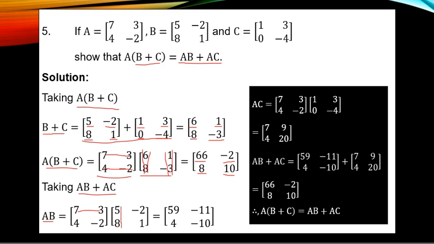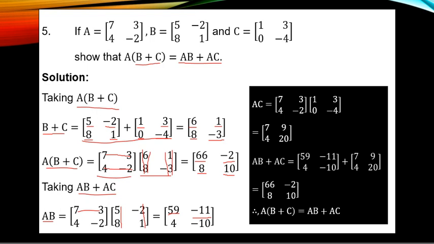Now let's check that. 7 times 5, that is 35. 3 times 8 is 24. When you add 35 plus 24 is 59. The same first row times second column, if you do what I just did now, you have minus 11.